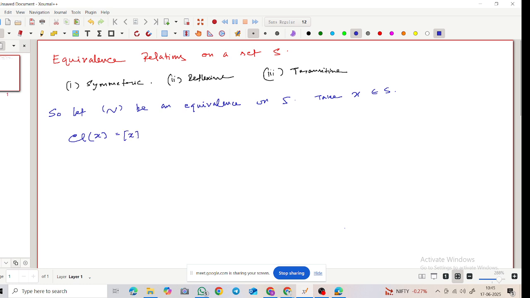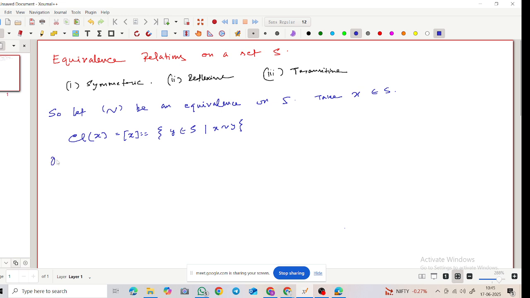This is defined to be the set of all y in S such that x is related to y. So the class of x contains all those y which are related to x.